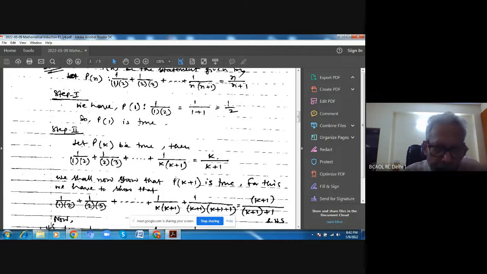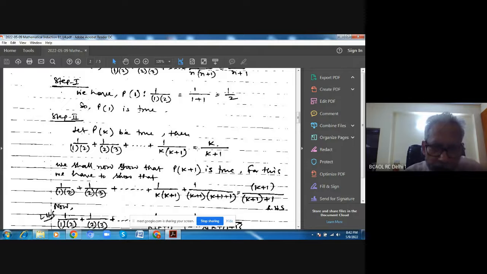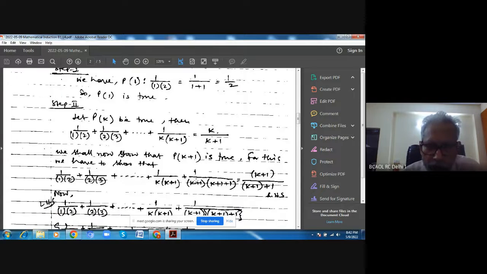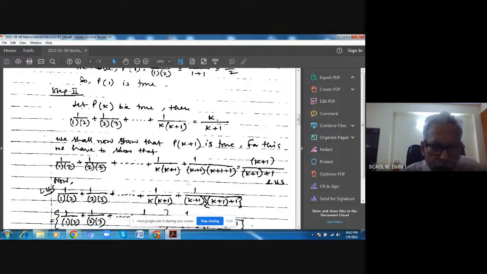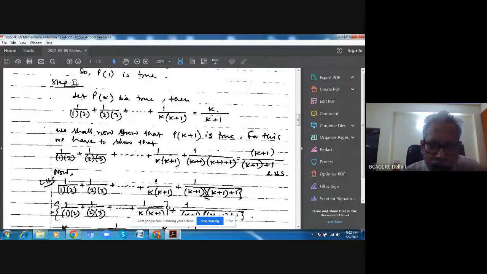Now, when we are considering it true, we have to show that P(k plus 1) is also true. Now we have to prove it. For this, we shall have to show this thing. So the same thing you have to write. Now in place of k, we have to write k plus 1.